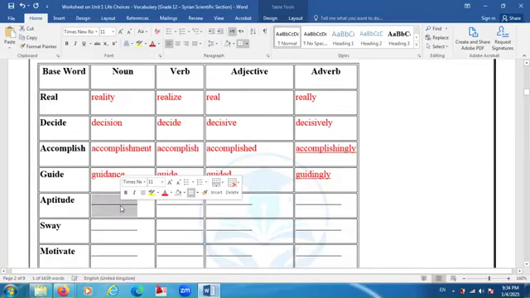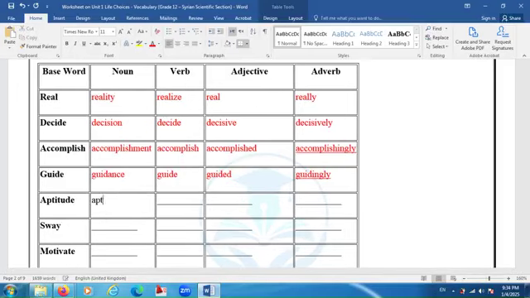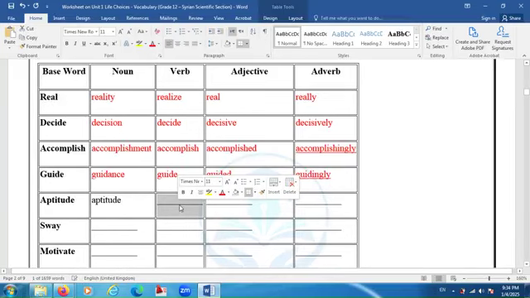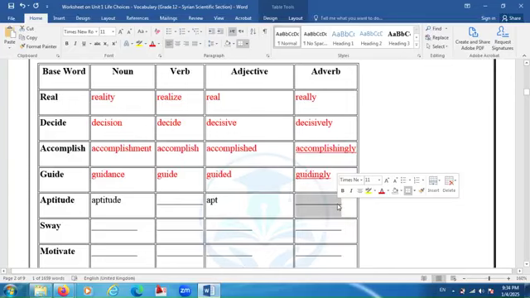And then aptitude, the noun is the same, aptitude. I don't think we have a verb. There is no verb. The adjective is apt, and the adverb is aptly.